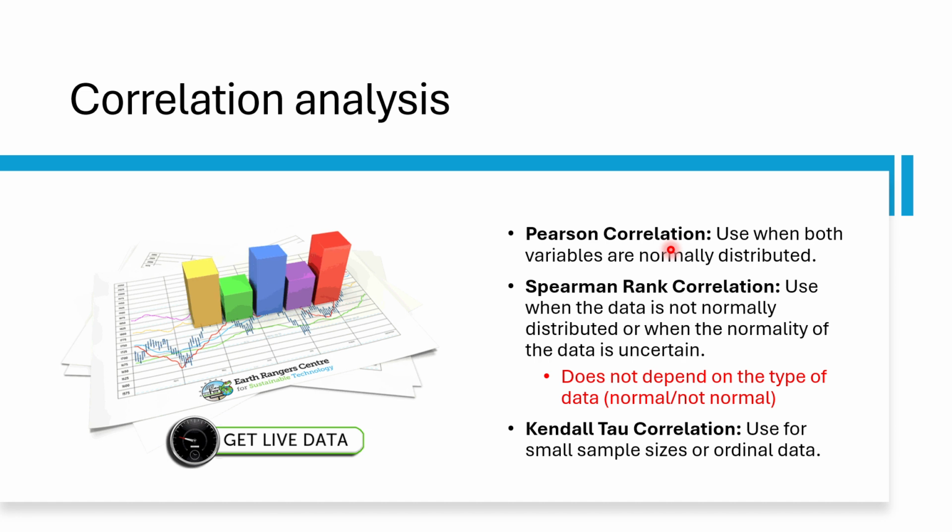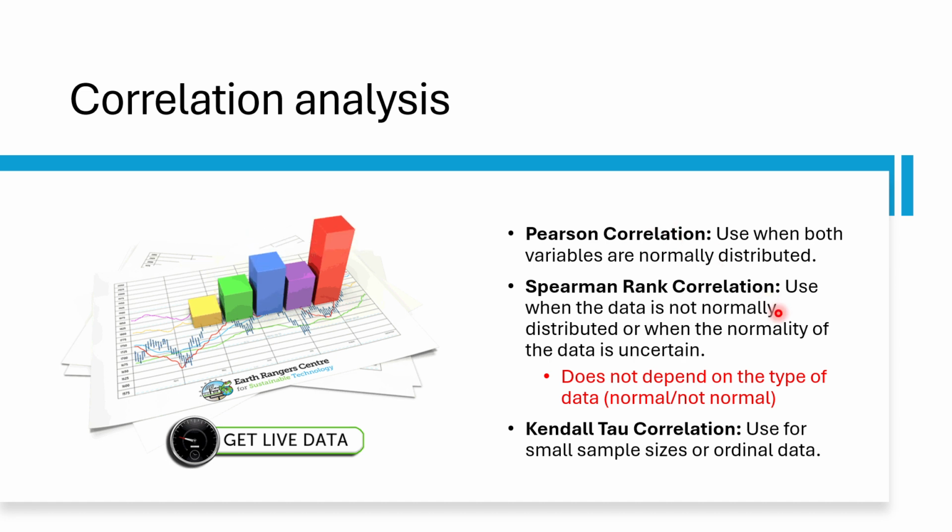Pearson correlation is for normally distributed data, and Kendall Tau as well, but Kendall Tau is for ordinal sort of data. However, the Spearman rank correlation does not depend on the type of the data. That means if the data is normally distributed or not normally distributed, we can go ahead with Spearman rank correlation.